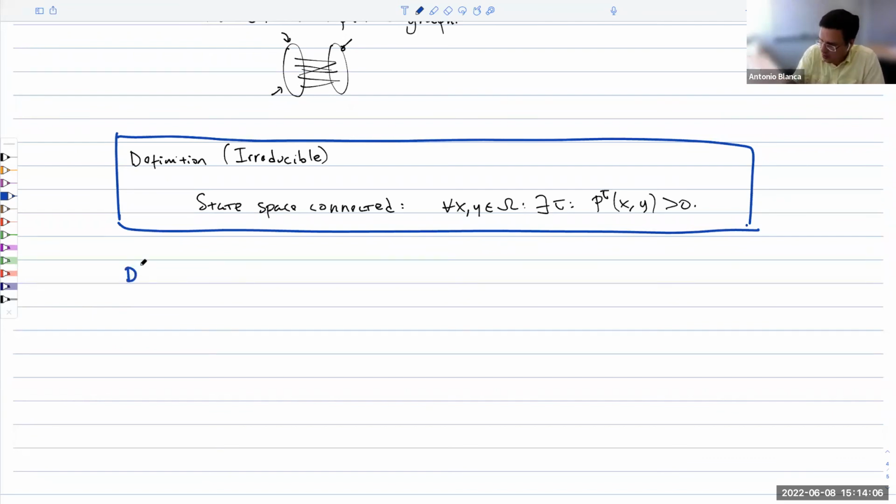The other definition is aperiodic. In words, the intuition is that if you look at any vertex and you look at all the possible times at which you can return to that vertex, there is no pattern.